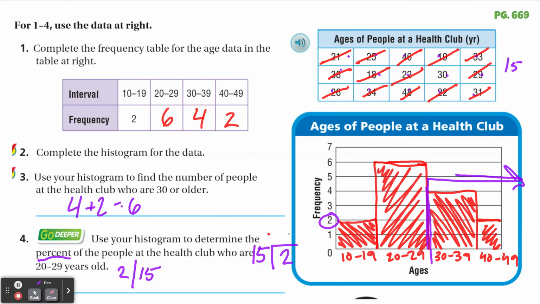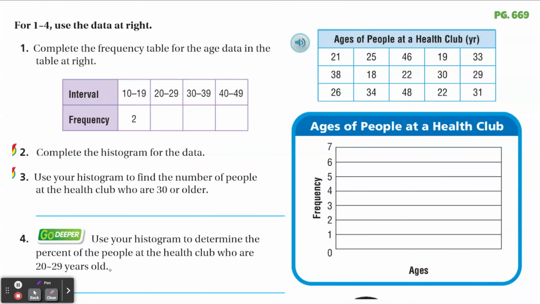So I'm going to think if I have 2, oh, you know what? I made one mistake here. I put 2, but let me erase this. Oh, I erased everything. That's okay. I said that there was 2 people who were between the ages of 20 to 29, but I was looking at my 10 to 19 interval.